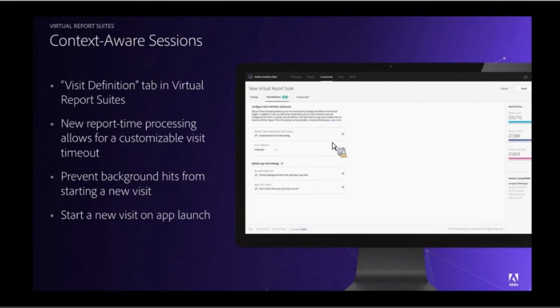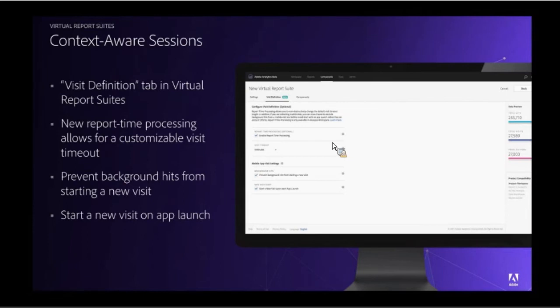They're retroactive from the very first hit that the global report suite collected. And also you can edit them, so you can change the way that the segments are defined if necessary. You can also destroy them if you realize, you know what, this one doesn't make sense or the data doesn't align with the way that I expected.